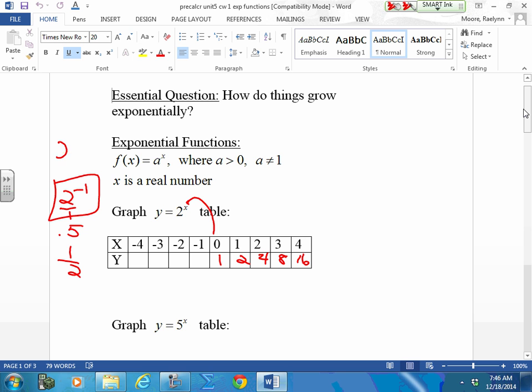If I did 2 to the negative 2, it would still take this, invert it, and then square it. And that's 1/4. So a negative 1 is just going to take the reciprocal. It's just going to invert it. And that's a good way, if you forget what the negative does, to just put a simple 1 in here. Because even though you see the decimal, it will remind you of the 1/2 that you flipped it over.